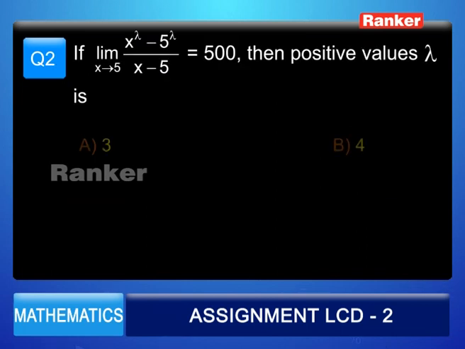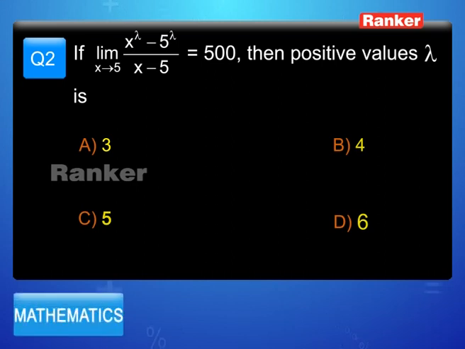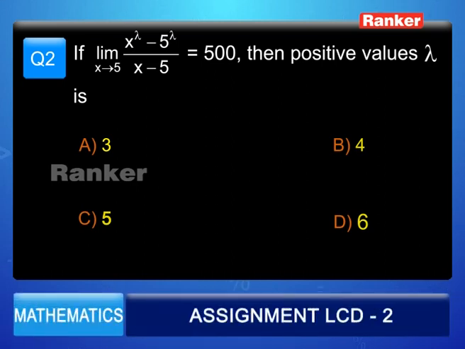If limit x extending to 5, (x power lambda minus 5 power lambda) divided by (x minus 5) is given to be 500, then we are asked for positive values of lambda.